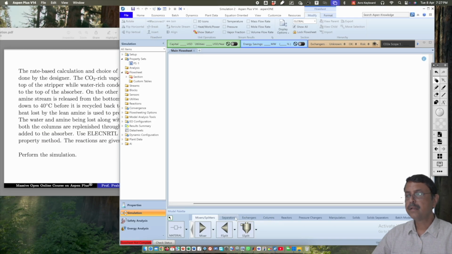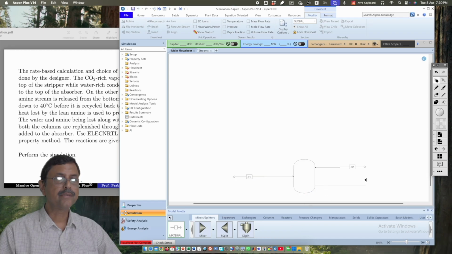First, we will take a flash tank. So this is our flash tank. Okay. So flash tank, this is the inlet. There will be another inlet, which is water, because it is wet flash. So this is the gas stream. So we will have another stream over here, which is an outlet stream.